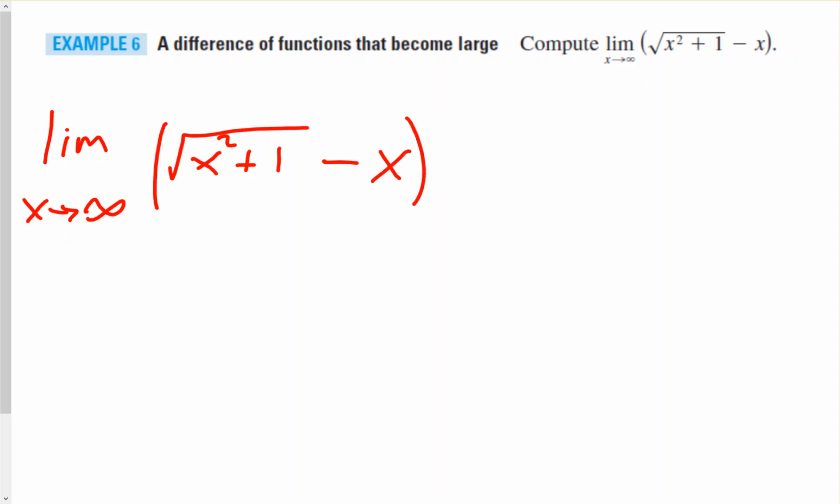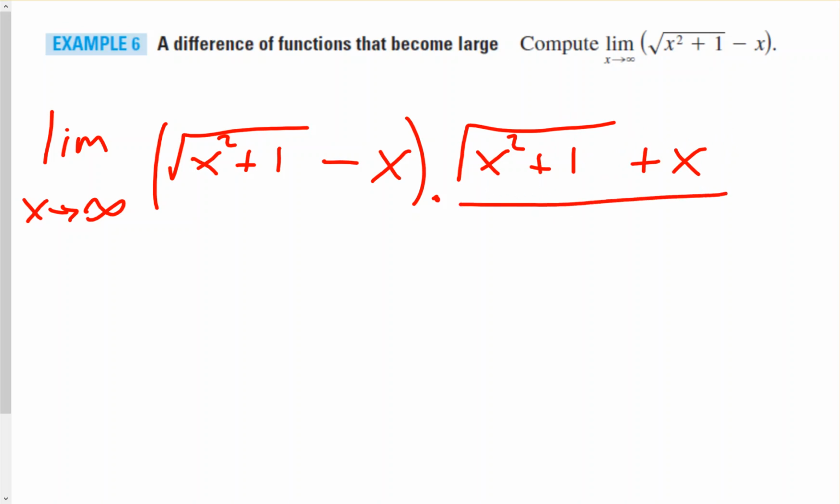Then we multiply top and bottom by the conjugate of this, treating it like it's a numerator. So we multiply by the square root of x squared plus 1 plus x, over the square root of x squared plus 1 plus x.